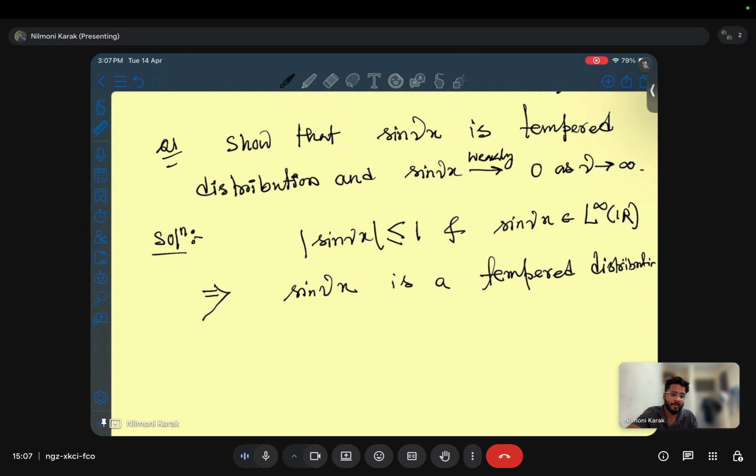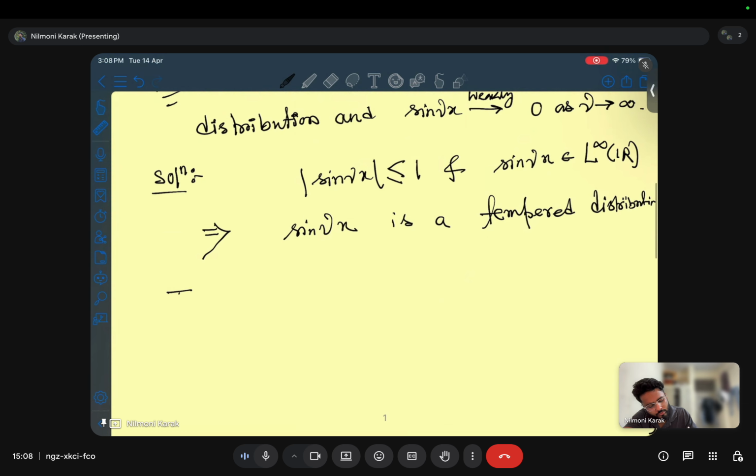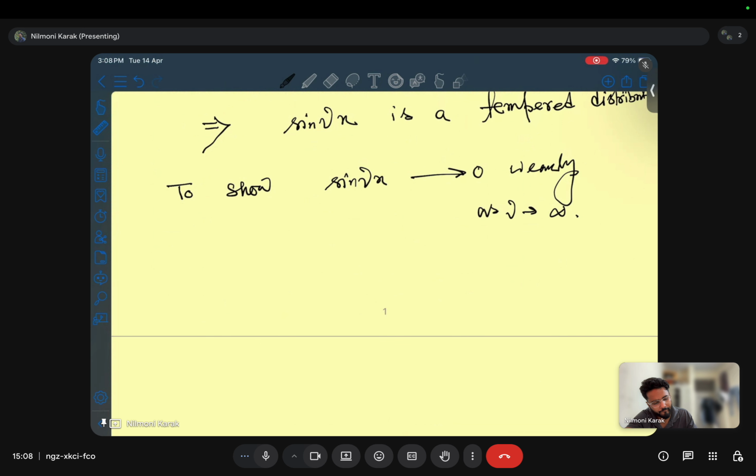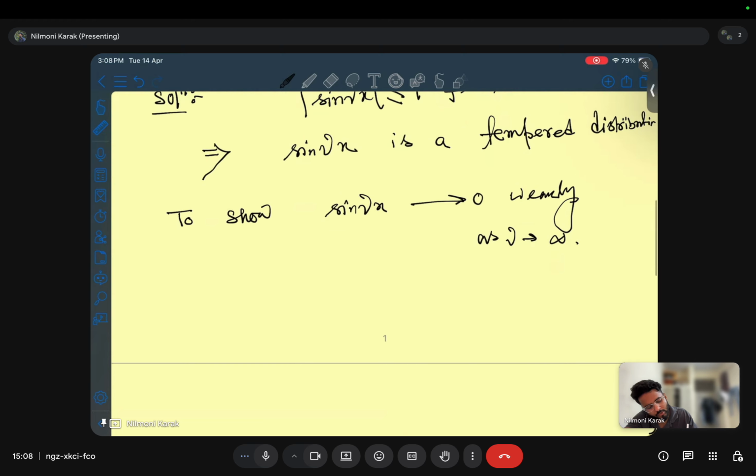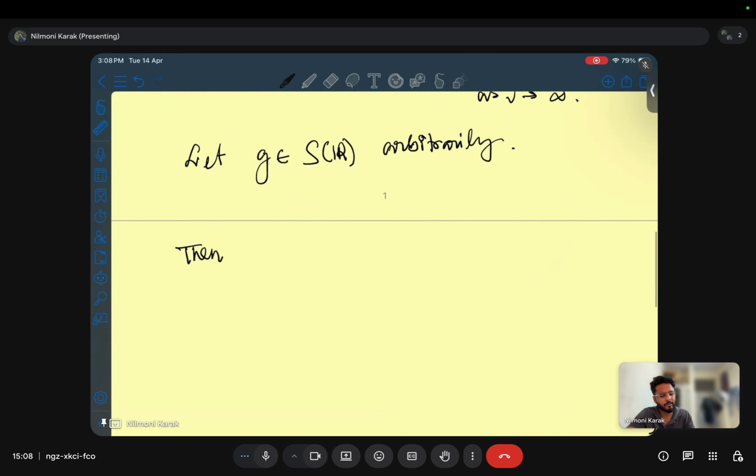Now what about the second part? To show sin nu x goes to 0 weakly as nu tends to infinity, let g belong to SR arbitrarily. Consider the pairing of sin nu x with g.